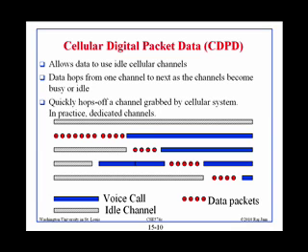You are using this channel, this dot dot dot is data. As soon as somebody starts using that, you hop onto the next channel, and again, and again. So you just keep moving from channel to channel just for data. This system was called CDPD. Again, we don't use any such system anymore.